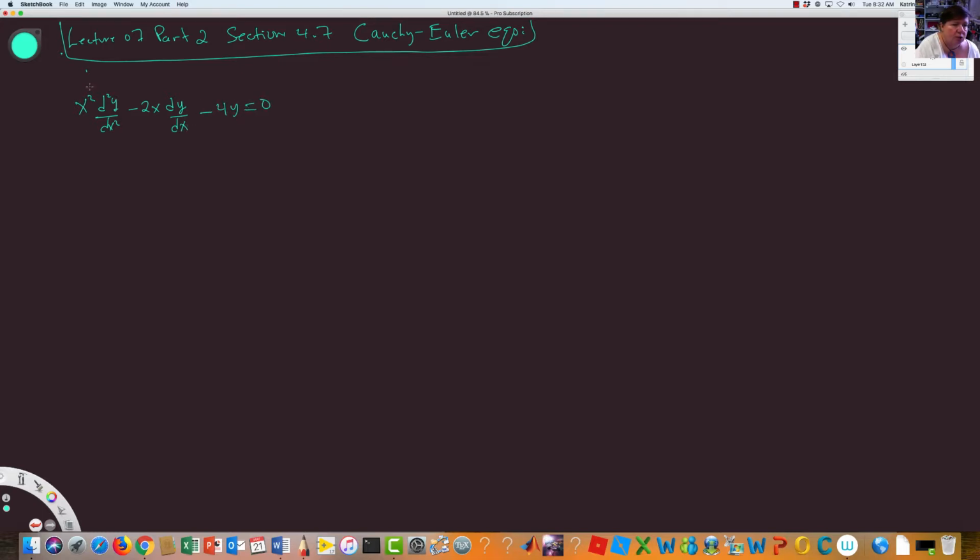This is definitely Cauchy-Euler because it has a 2 and a 2, a 1 and a 1, 0 and 0, so the powers of x match the derivative. So it's Cauchy-Euler, good. We can substitute y equals x to the m in there.